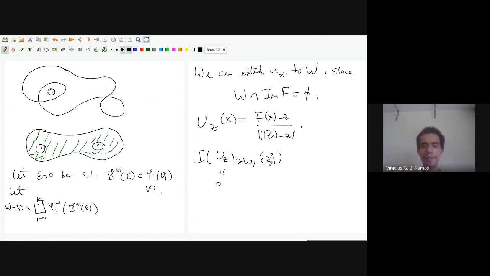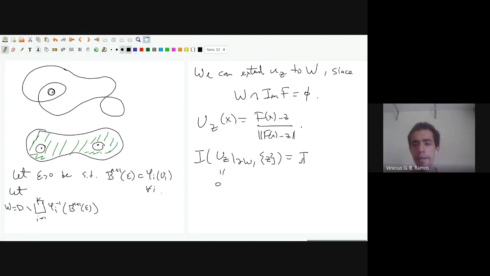And then now I can write this as a sum. The boundary has the component of the boundary of D, and then it has the boundary of all these guys, but these boundaries come with the opposite orientation.